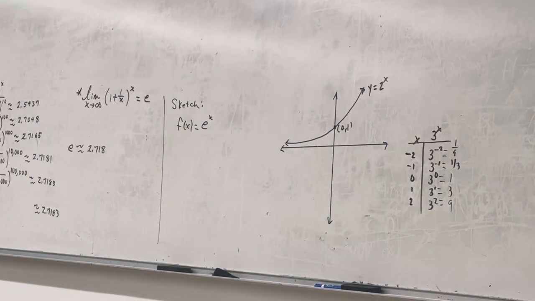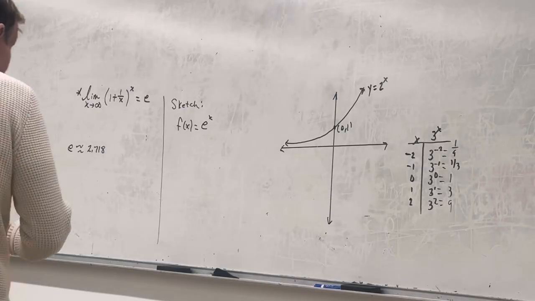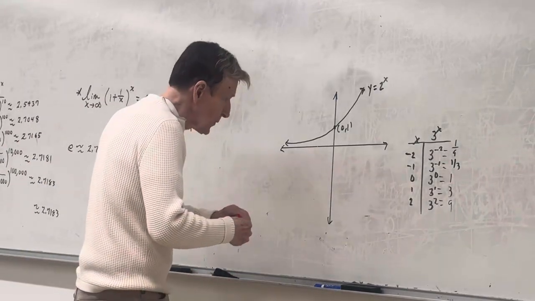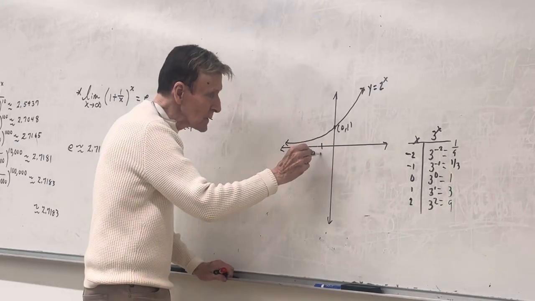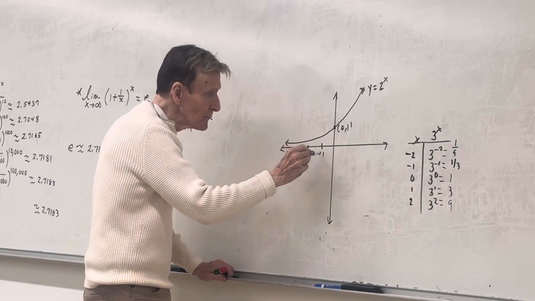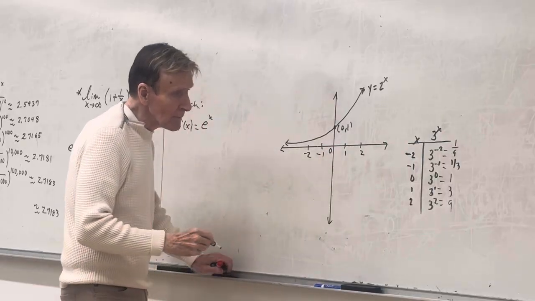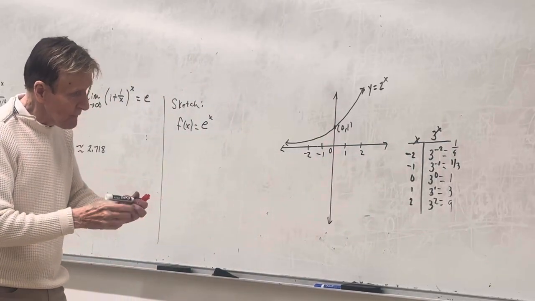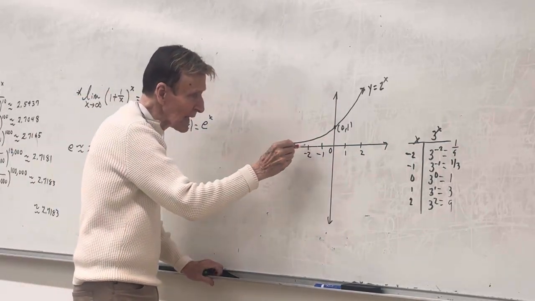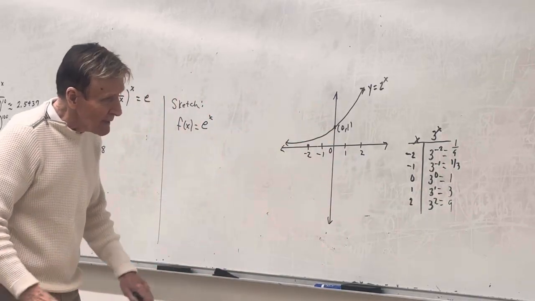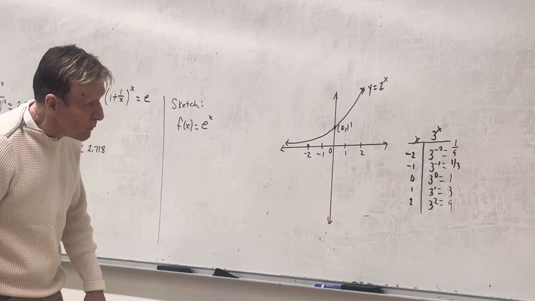I like to plot those in red, on the same grid. Negative 2 goes up to 1/9. I had better mark a few numbers here so I can see where I am. That means it's barely above the x-axis. Negative 1 goes up to 1/3.